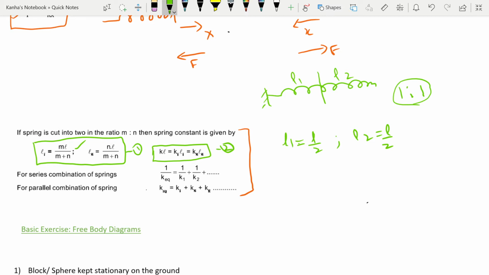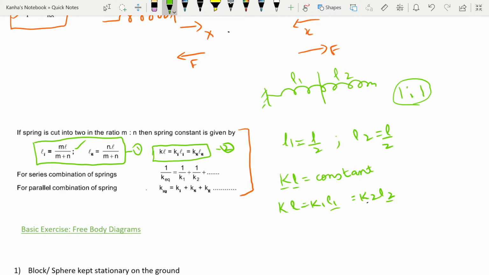Make a note that KL is equal to a constant, where K is the spring constant and L is the total length. So you have KL is equal to K1 L1 is equal to K2 L2, where these are the lengths of the broken pieces.